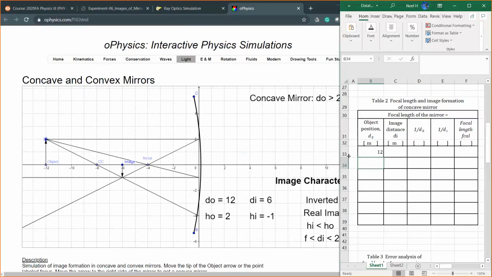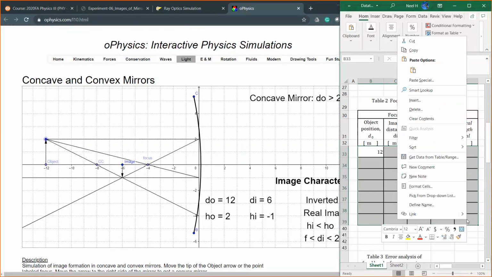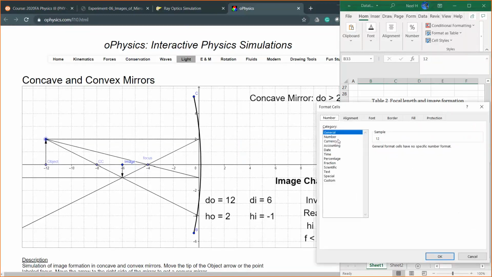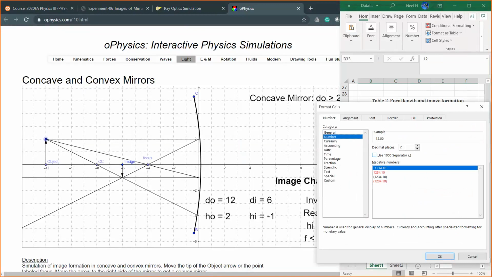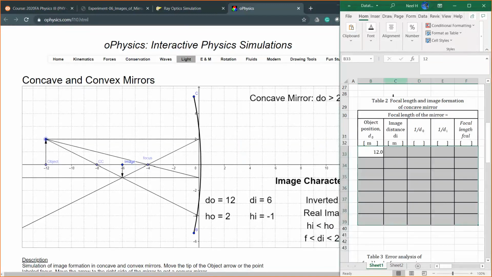Let's measure to at least 1 decimal place, because you can see I can estimate between these two lines. So click and highlight the whole data set, format cells, number, and change 2 decimal places into 1. You can also center these numbers so the formatting looks nice.